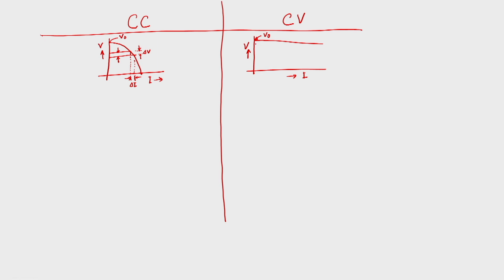Whereas for the flat characteristic, or constant voltage characteristic power source, for a small change of voltage like this delta V, the change of current is very high as compared to the constant current power source characteristics.